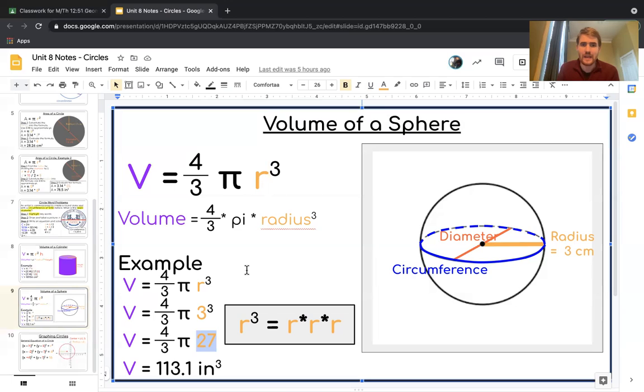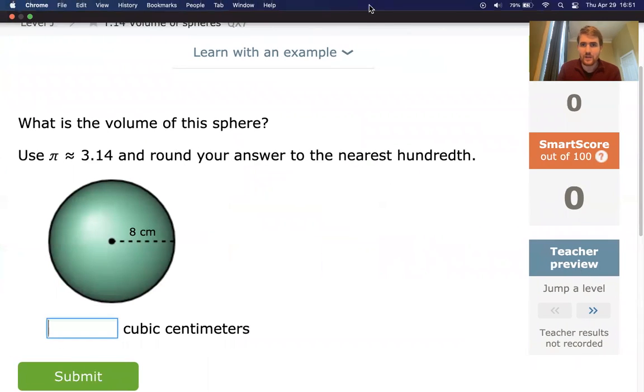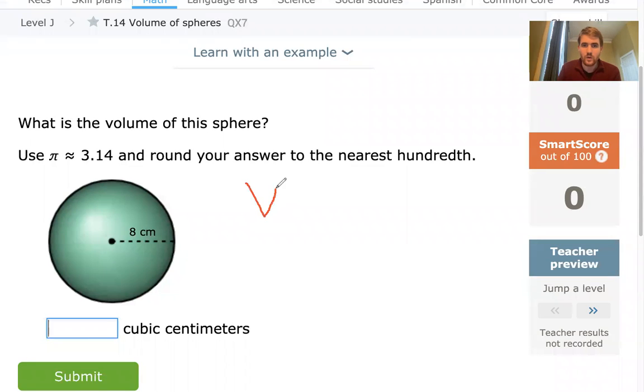Now, let's look at a new example. So here is IXL, and here is one problem. We're going to use the formula V equals 4/3 times pi times r cubed. So we don't know what V is. That's what we're trying to figure out.